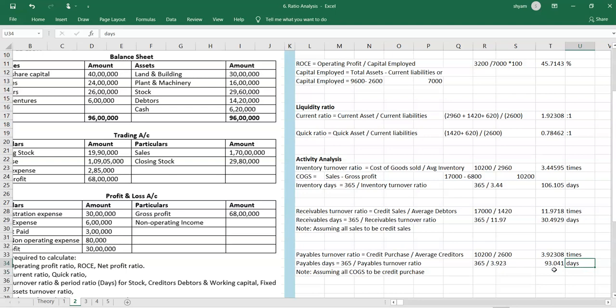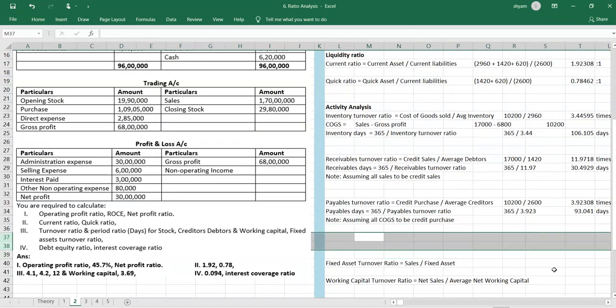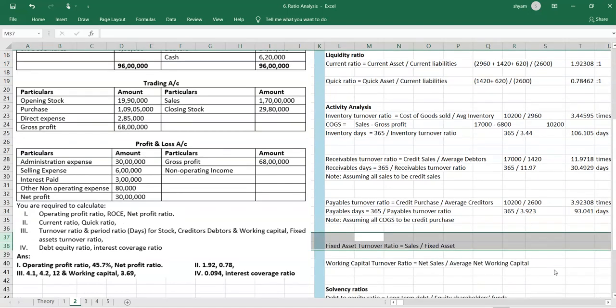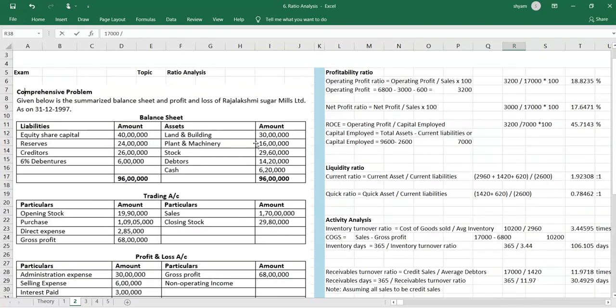Okay. So we have almost got all the numbers. So let's see what are the things which are missing. So we'll find out the fixed asset turnover ratio. These are quite easy. So our sales is 17,000 divided by fixed assets alone. So fixed assets alone we have to find out.